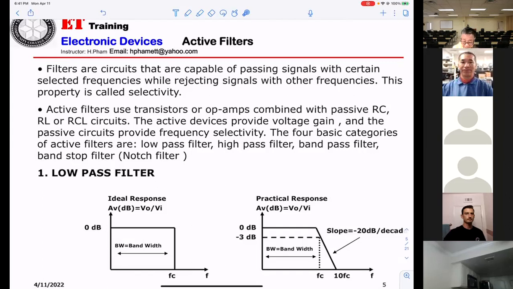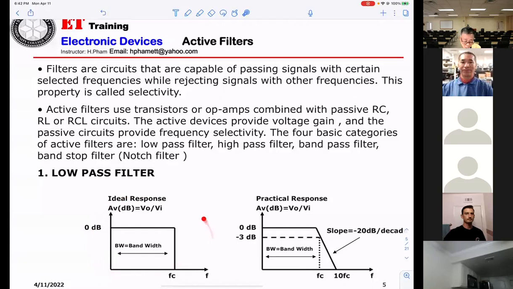The four basic categories of active filter are low pass filter, high pass filter, band pass filter, and band stop or notch filter. Only 4. First, we're talking about the low pass filter.